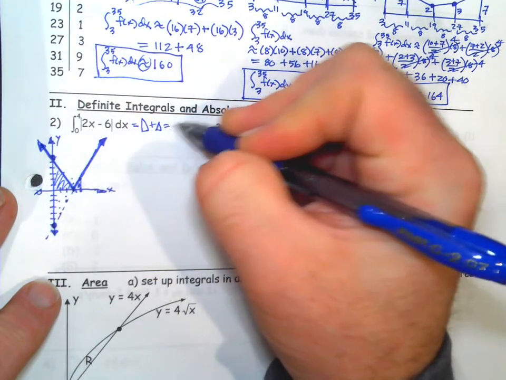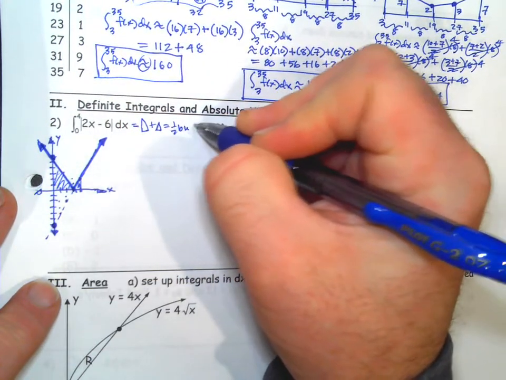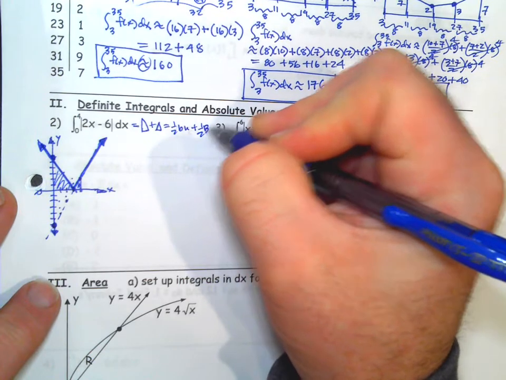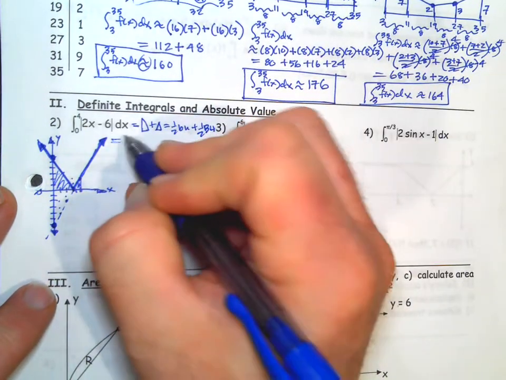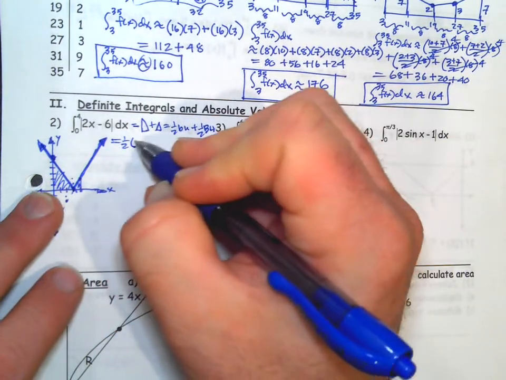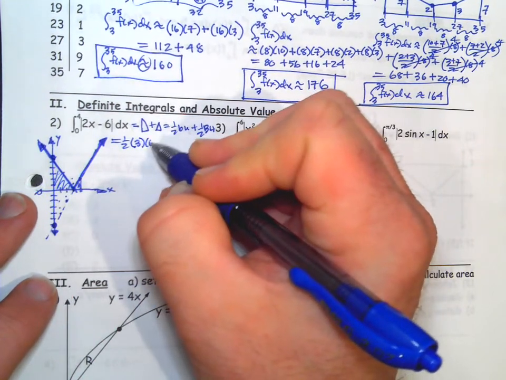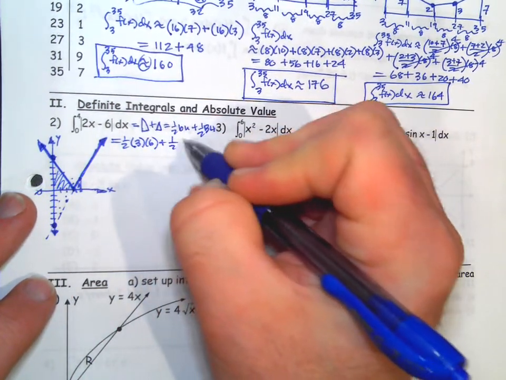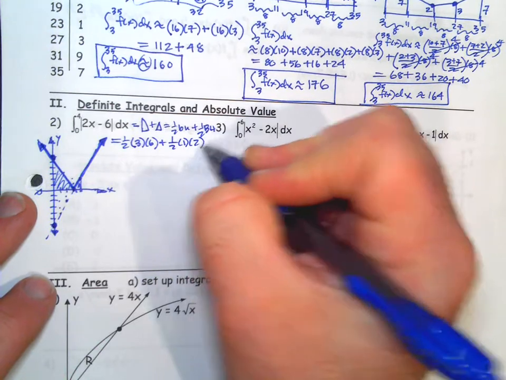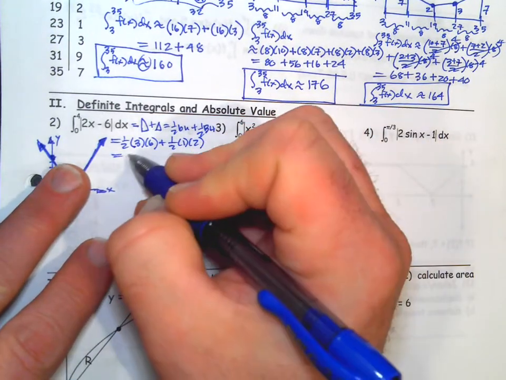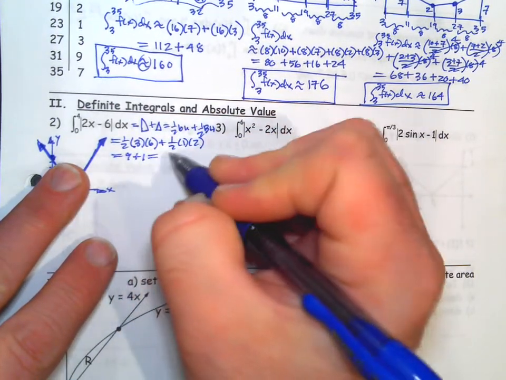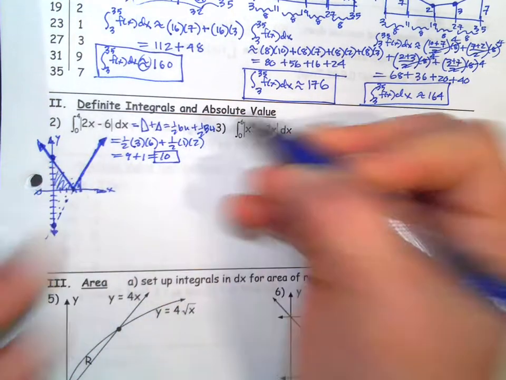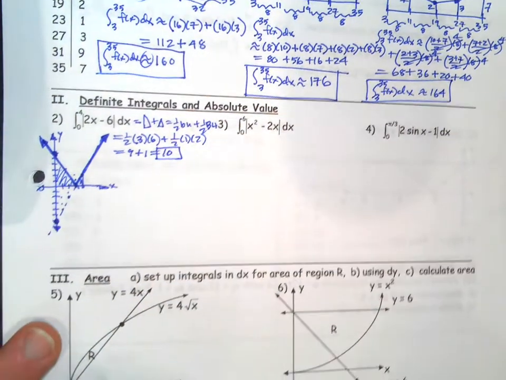So we do 1/2 base times height plus 1/2 base times height. So that's going to be 1/2. The base of the first triangle is 3. The height is 6. The base of the second triangle is 1. The height is 2. So that's going to be 9 plus 1 is 10. These are exact answers. So that's one way to do it.